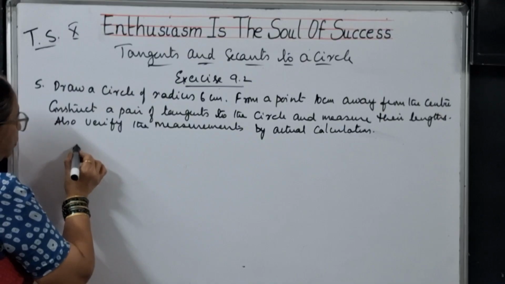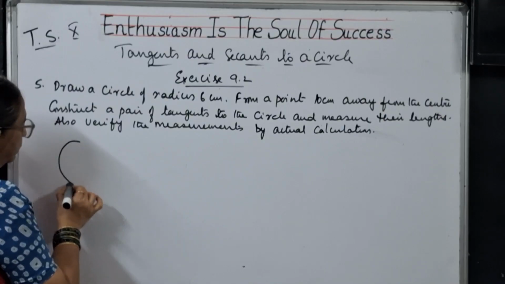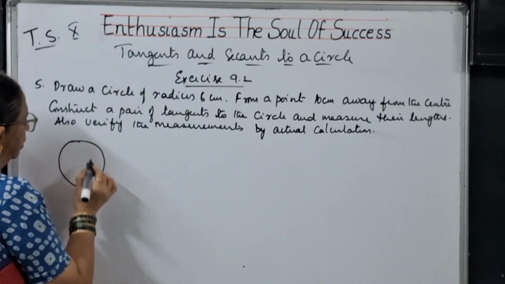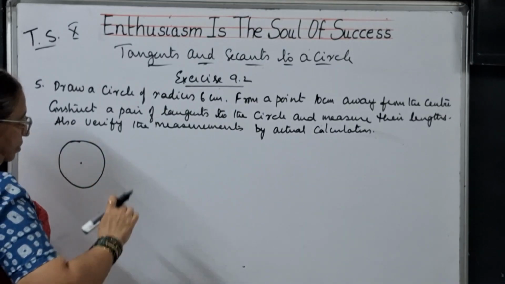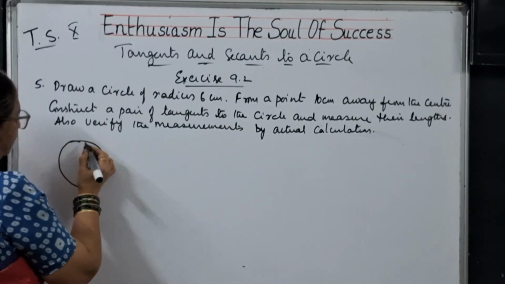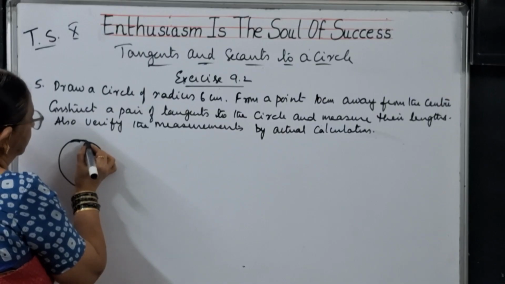First, what you have to do, you have to draw a circle which is measuring 6 centimeters radius. By taking 6 centimeters as radius, you have to draw a circle.